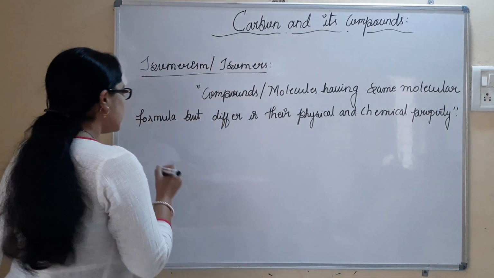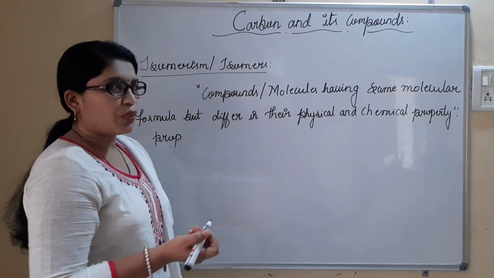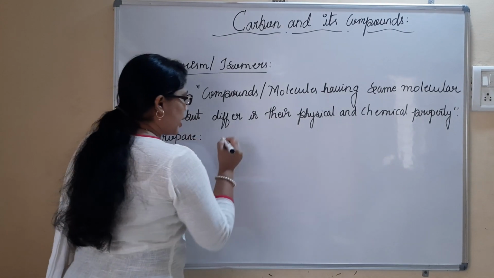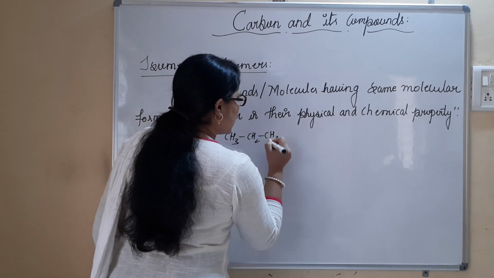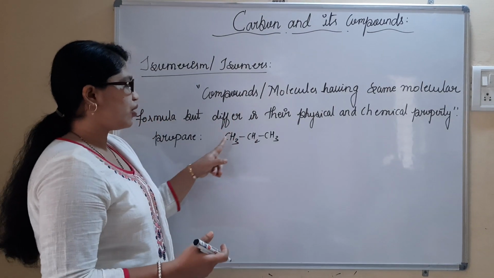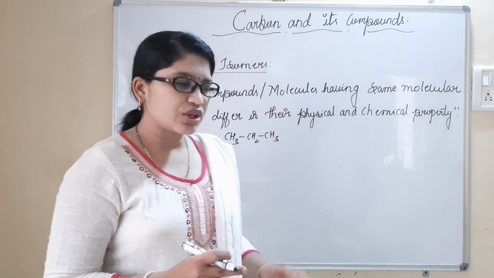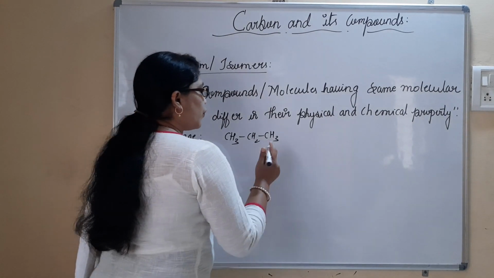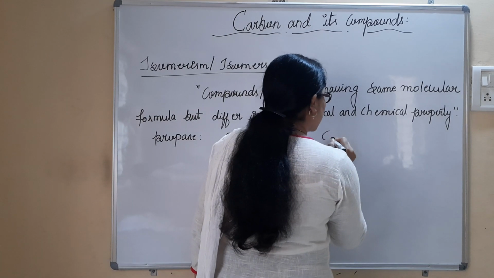Consider propane, a 3 carbon compound. We know the propane structure: CH3, CH2, CH3. This is the molecular formula, and if you write all the hydrogen atoms apart from the carbon atoms, that is considered a structure. Now if you count, how many carbon atoms do I have?